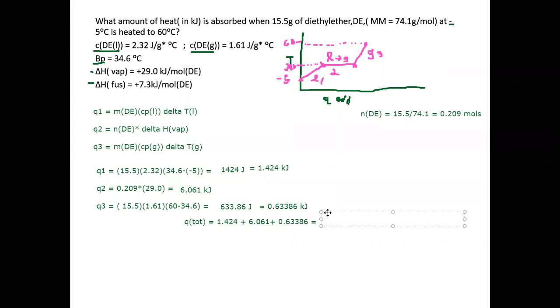I'm not too much of a stickler on sig figs. Let me double check my work. And so the final answer: it takes 8.12 kilojoules of energy to take 15.5 grams of diethyl ether at -5 and heat it to 60 degrees Celsius.